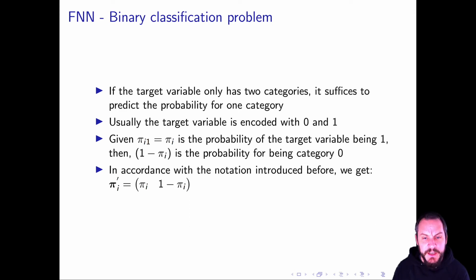So if we have 2 categories, then it usually suffices to use only a single output value for the prediction, because as we are speaking of disjoint possibilities, and if we only have 2 categories, that means the probability for the one category already indirectly defines also the probability for the other category, right?